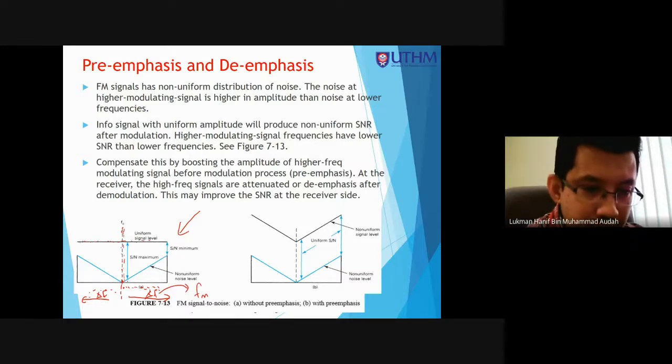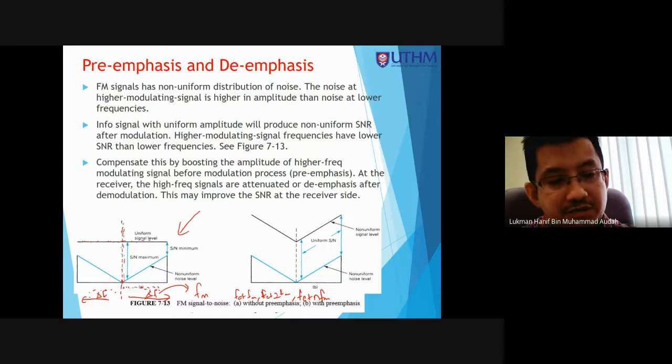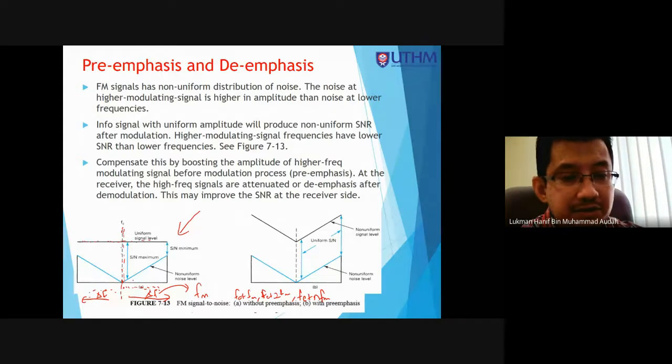Remember that we have Fc plus Fm, Fc plus 2Fm, and then until Fc plus nFm. So if the value of Fm is larger, that means the range of frequency variation will be much wider.